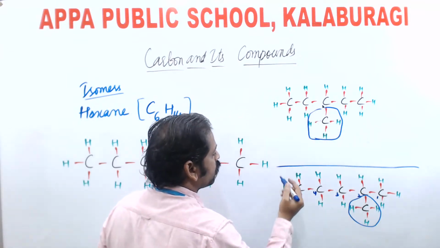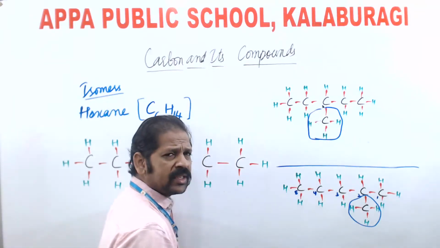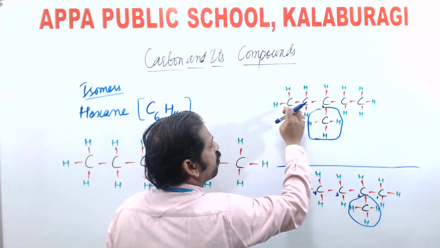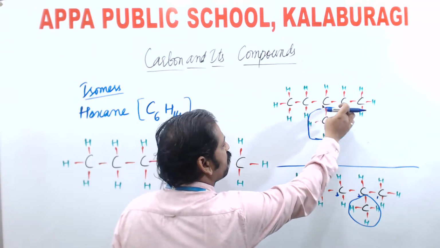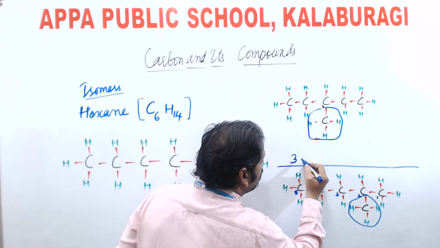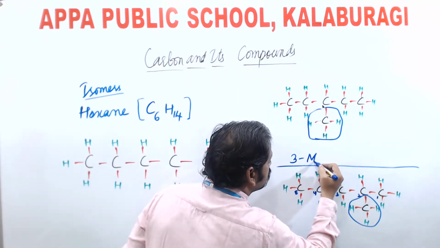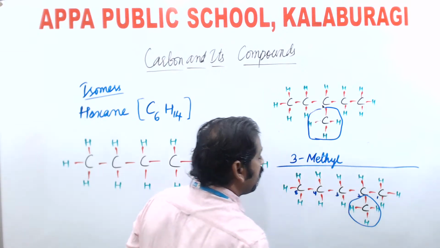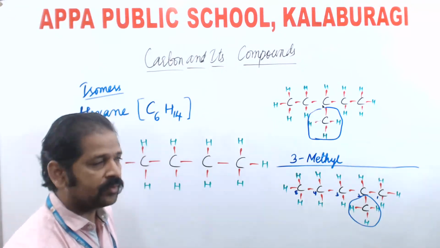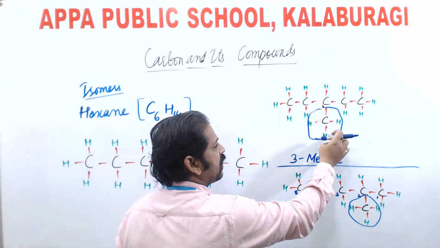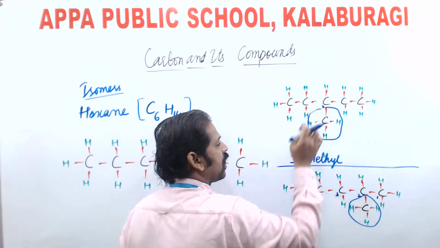So which portion is there at the 1, 2, 3, 4, 5 carbon? It is called 3-methyl, because this CH3 is attached to the third carbon.